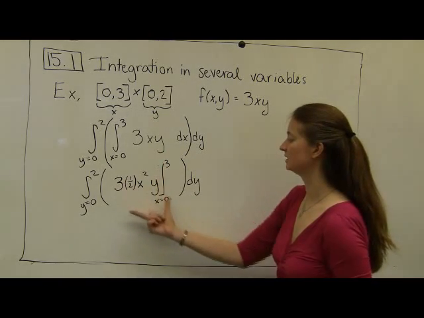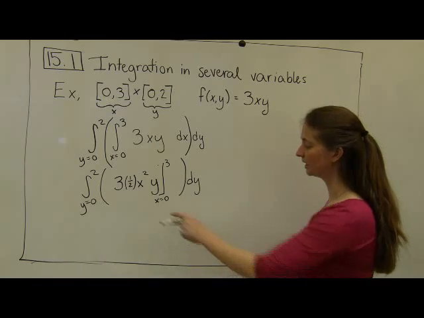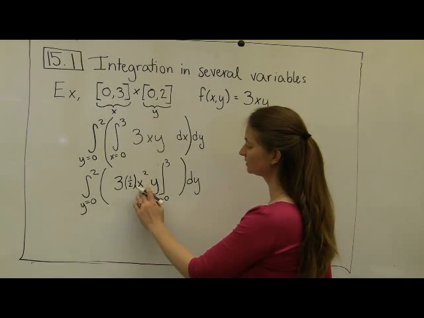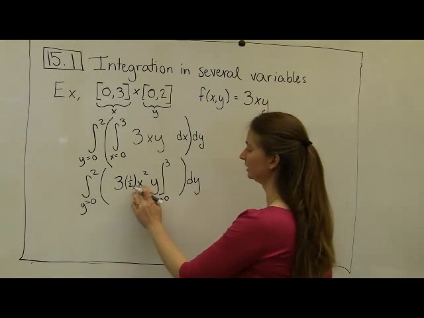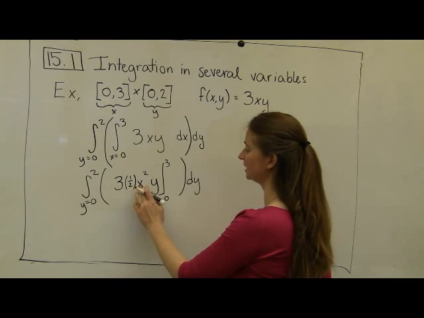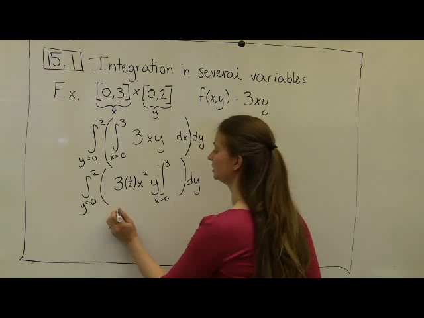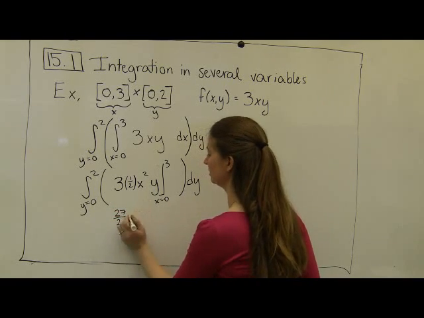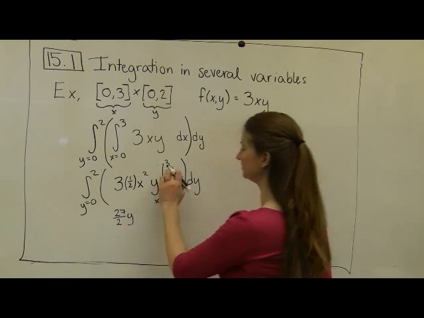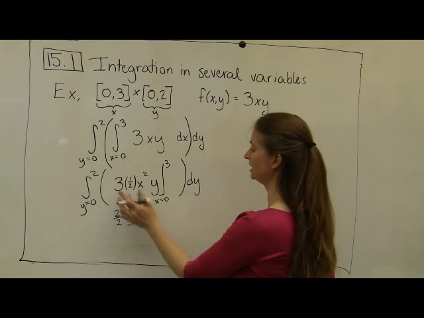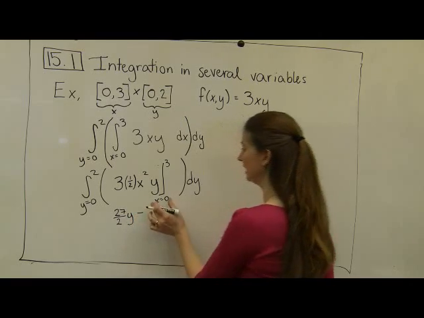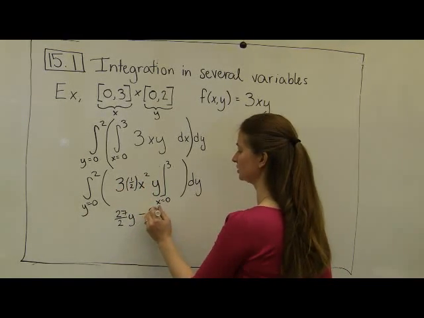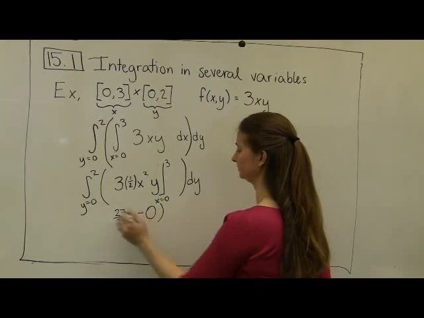Those are the bounds on this x function. When I evaluate it along these bounds, I plug in 3 for x, and I end up with 3 times 1/2 times 3 squared, which is 27 halves, times y. That's evaluating it when x equals 3. And then I'm going to subtract out evaluating it when x equals 0. In this case, when x equals 0, this whole term just becomes 0.